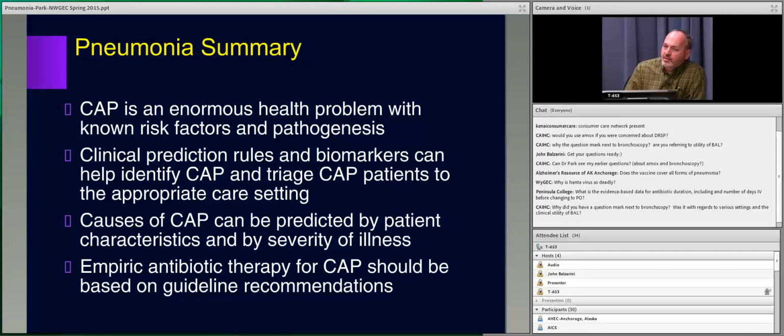The other vaccine that's used to prevent pneumonia is the pneumococcal vaccine. The antigen on pneumococcus that we vaccinate against is a polysaccharide as opposed to a peptide or protein antigen.